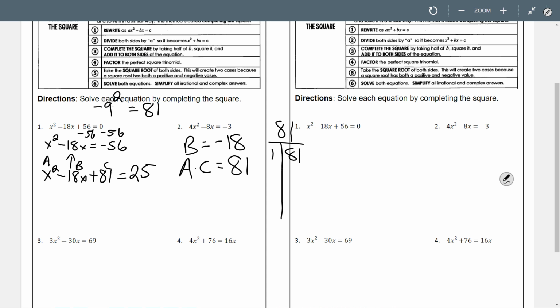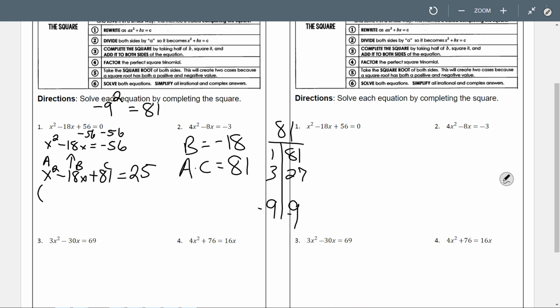No. 2 doesn't go into it. 3 and 27, no. Keep going. 9 and 9, can that get us to negative 18? Yes. How can it add up to negative 18 but multiply to be positive 81? Make them both negative. Negative 9 times negative 9 is a positive 81. Negative 9 plus negative 9 is negative 18. So we found our factors.